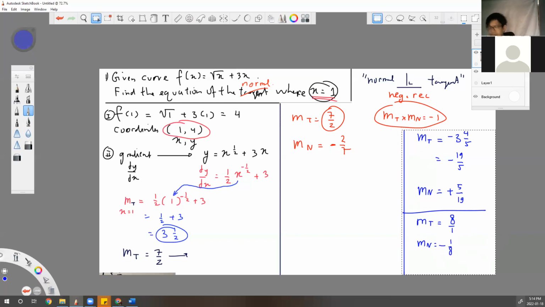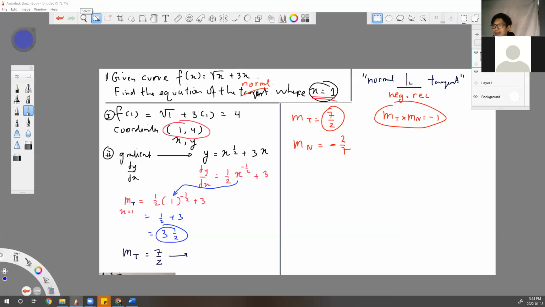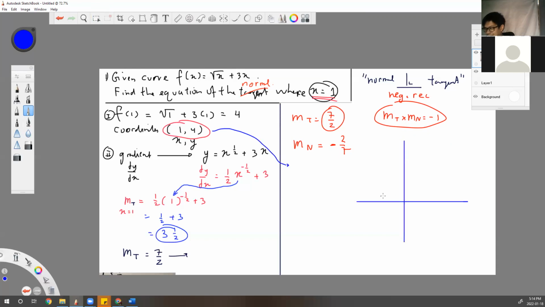And the point is also the same, Vicky. The point is also (1,4), right? Because when I have a curve, any curve, this is the tangent. For example, I use red for the tangent. The tangent is the line that passes through the curve at only one point, at that point itself.